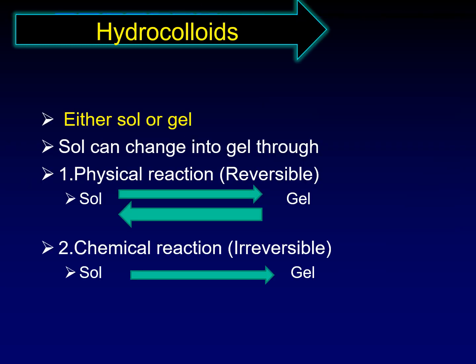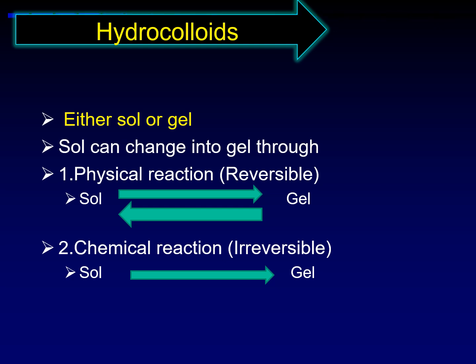Moving on to these hydrocolloids, there are two types of setting reaction, either by means of physical reaction or by chemical means. In the physical reaction, the setting reaction is reversible. When the particle is at sol, it becomes gel. Again, it can be reversed to the sol stage. In the chemical reaction, it is an irreversible set mass.